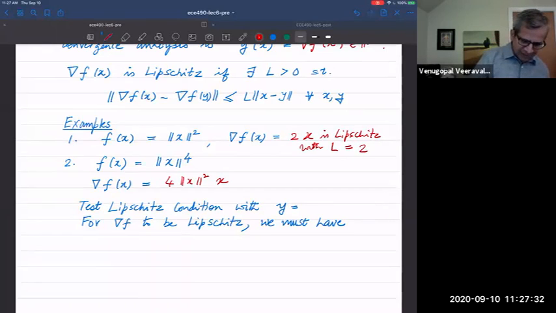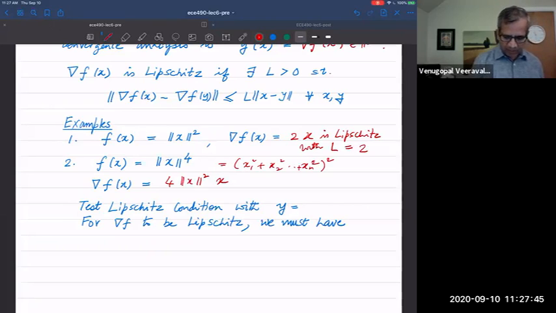Starting with the fact that norm of x to the 4th will be basically x1 squared plus x2 squared, and so on, plus xn squared, to the whole thing squared, right? Sorry, the square root of that will be the norm, so that's to the power of 2.